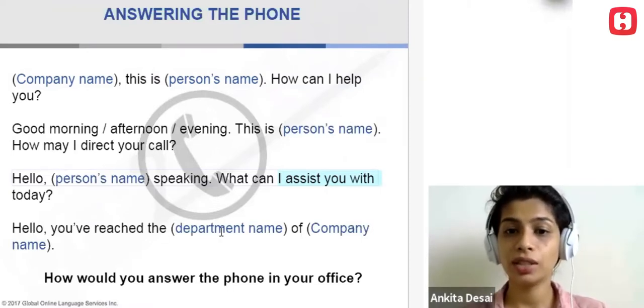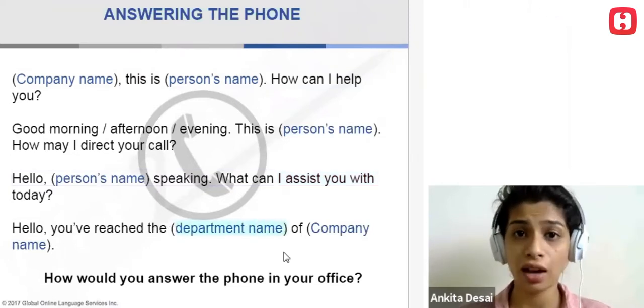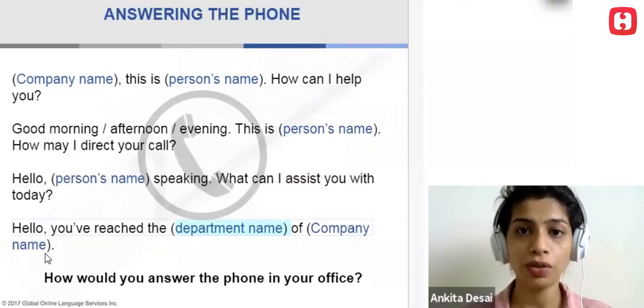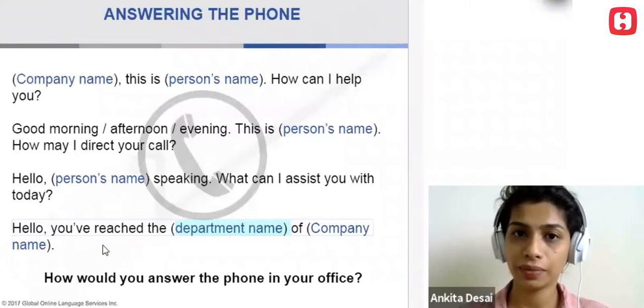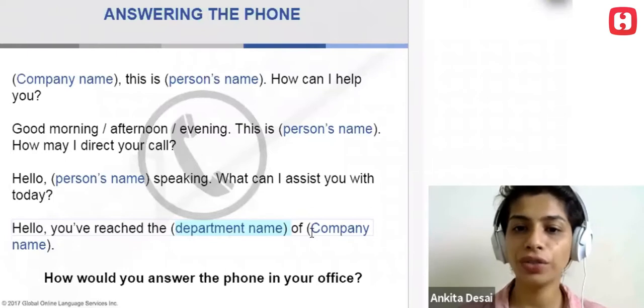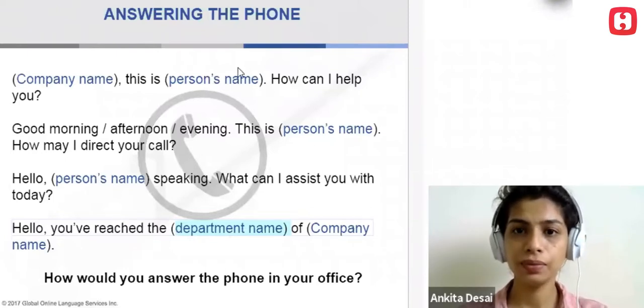Hello, you've reached the department name of company name. So department can be, say for example, HR, and company name can be Microsoft. So hello, you've reached the HR of Microsoft Inc. So these are the 4 different ways you can answer a business call.